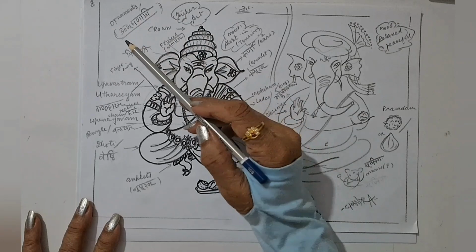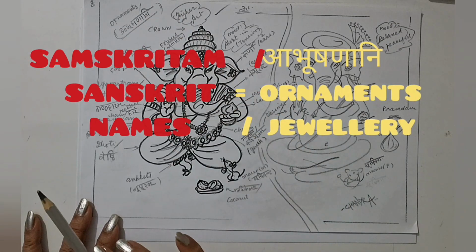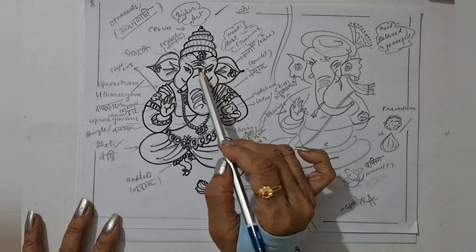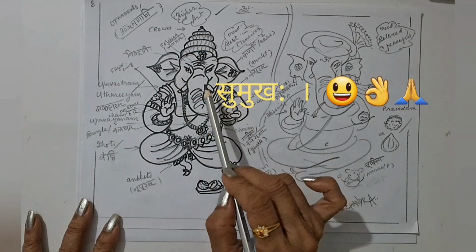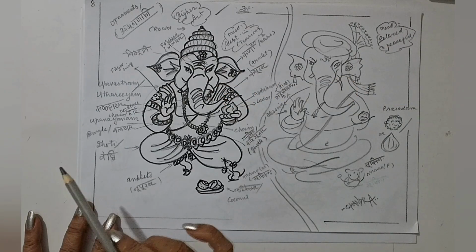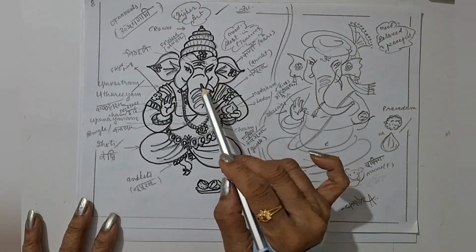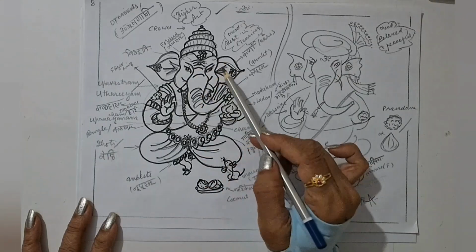Ornaments are called abhushanani in Sanskrit. Let's learn some words in Sanskrit. The mukham, he is called Sumukhaha. Su in Sanskrit means holy. Sumukhaha. Okay. So his mukham or face is here.